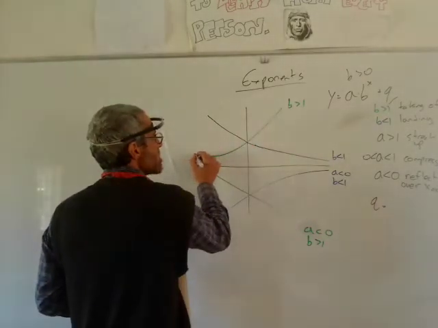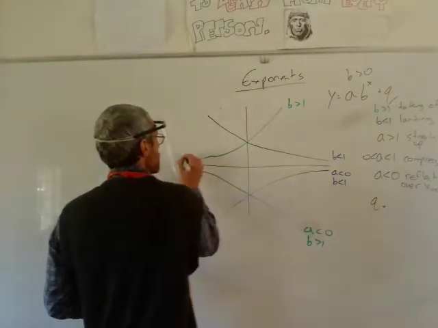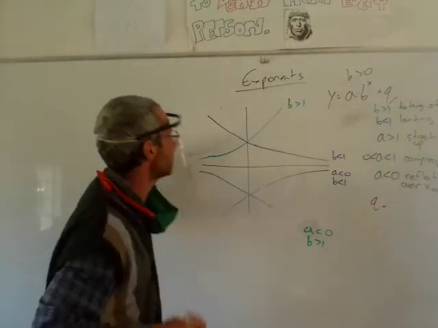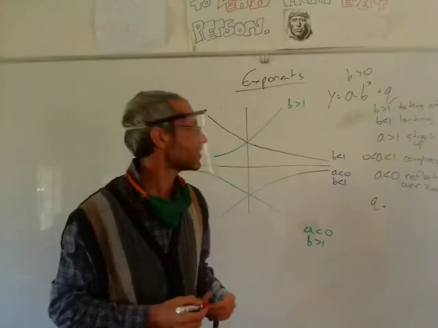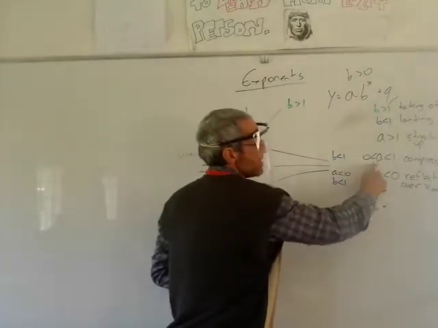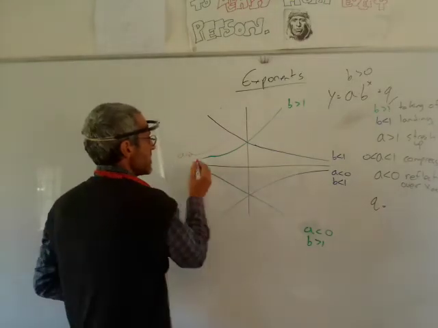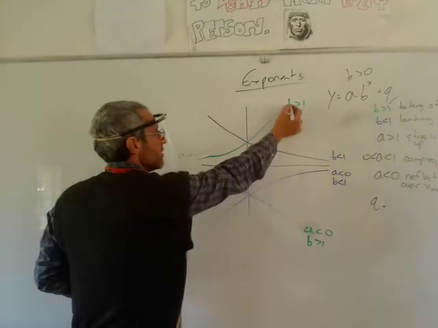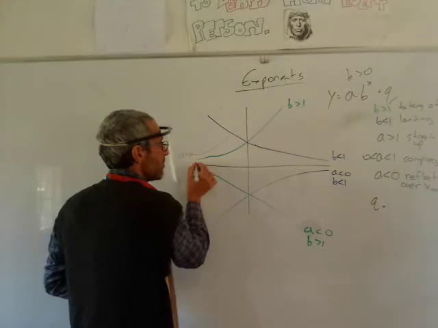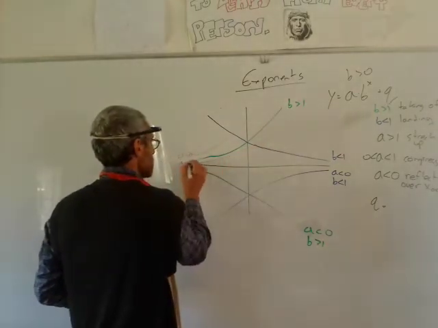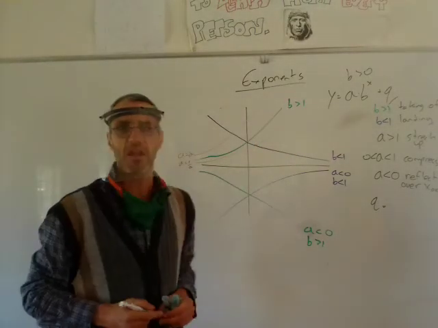If I have a equal 2, I multiply it by 2, it's going to stretch it up. If I use an a between 0 and 1, it's going to compress everything. So let's say I'm taking the same graph, with a b that's taking off, and I'm putting a equal half, then it's going to compress it down.